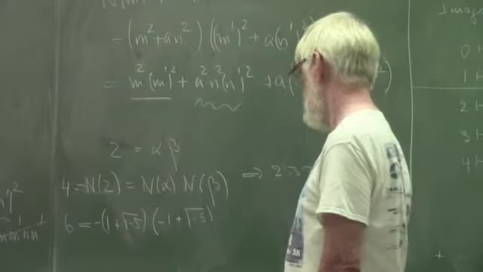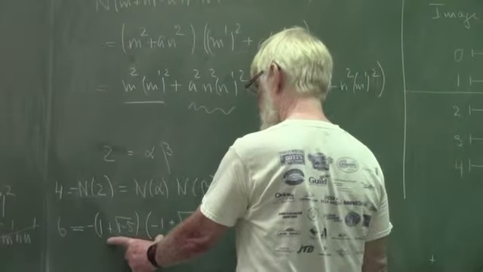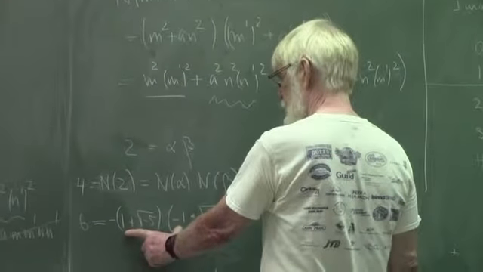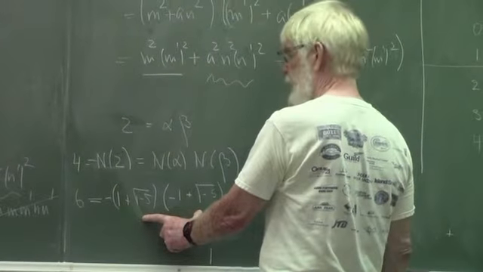This gives me, so this is negative 1, this is negative 5, right?